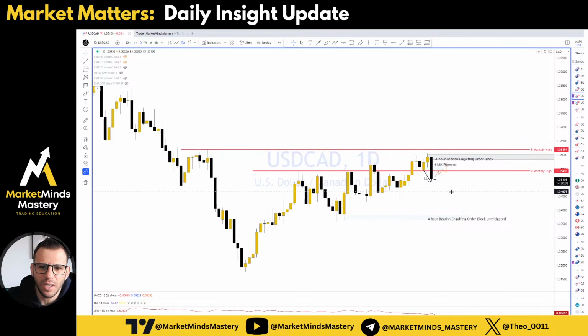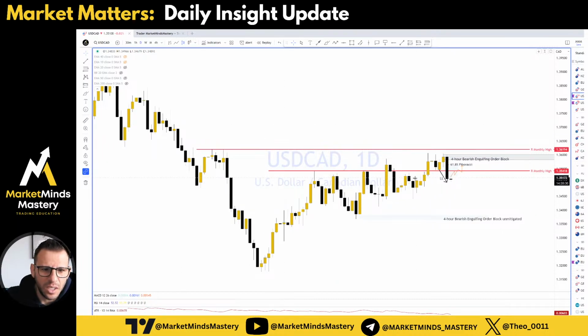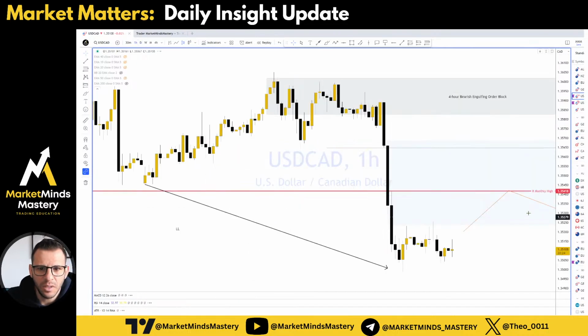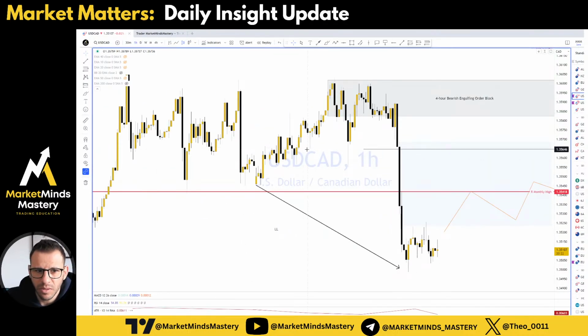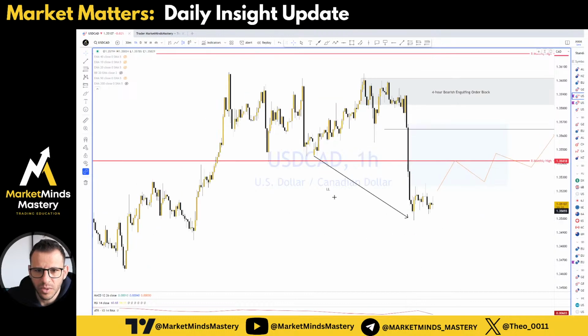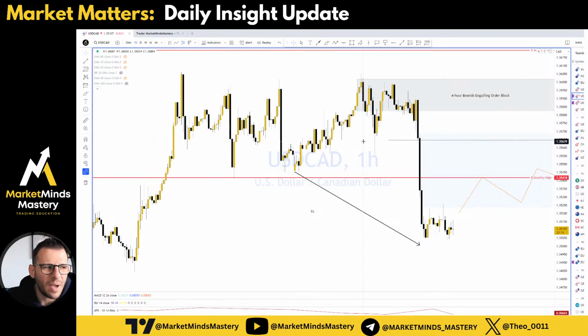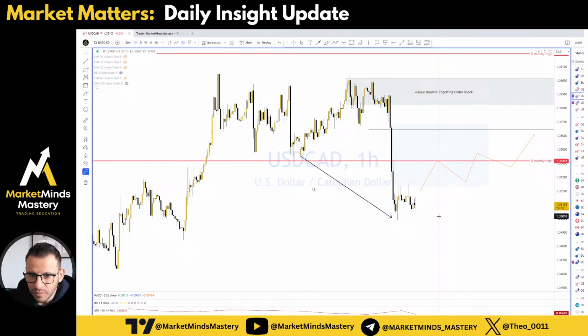USD Canadian dollar, the next one. Yesterday the trade played off well and we got the profit target. I sent that on the Telegram. I don't know if you guys took that trade. I said I'm sending out trading ideas now. If you decide to take the trades or if you want to change the stop loss placement, the entry, it's totally up to you guys.